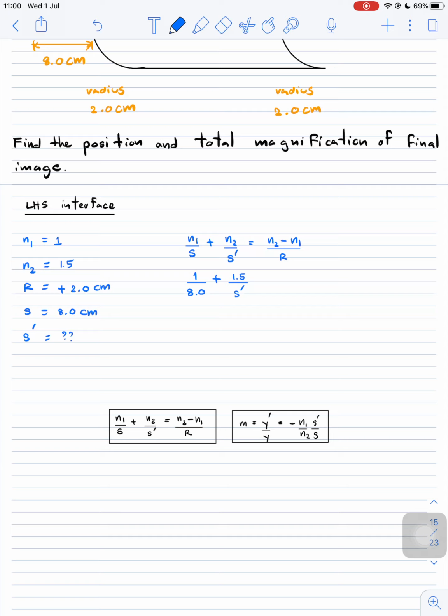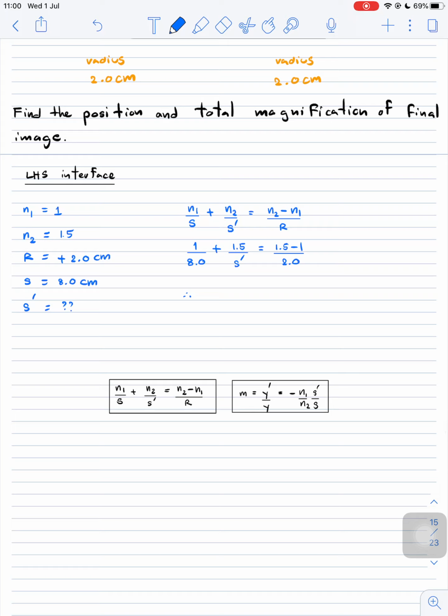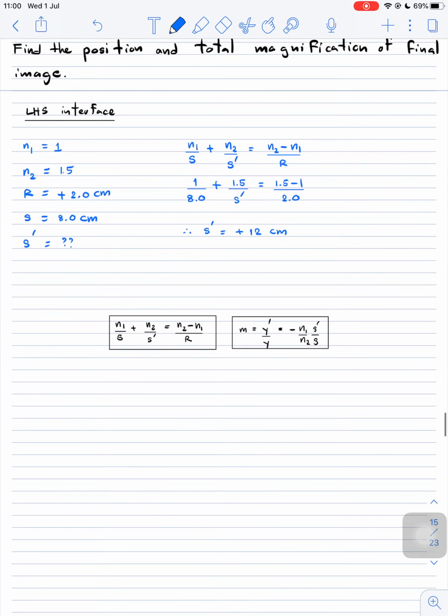We just want to find s prime, equal to 1.5 minus 1 over R. R is just 2.0, okay? So then finally we get that s prime is equal to plus 12 centimeters. This will be s prime.